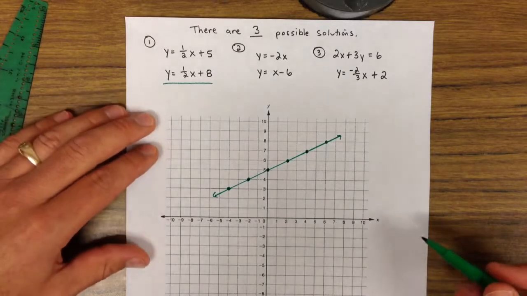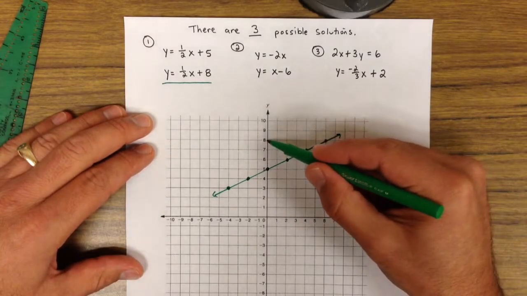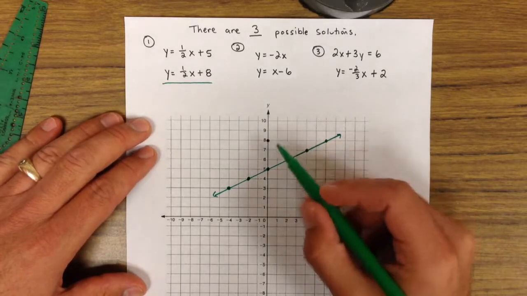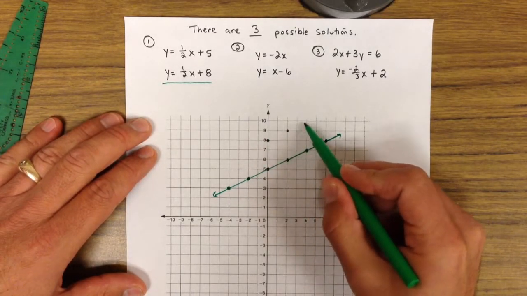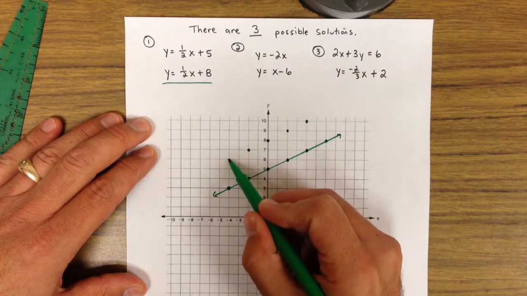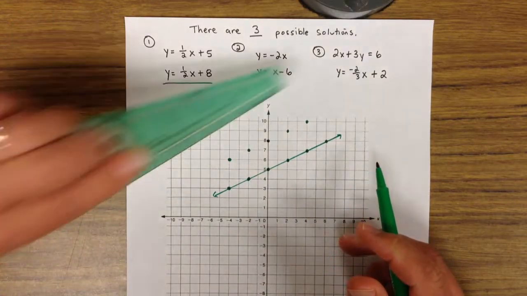The second line crosses at 8, but it has the same slope. It goes up 1 and over 2, or down 1 and left 2.